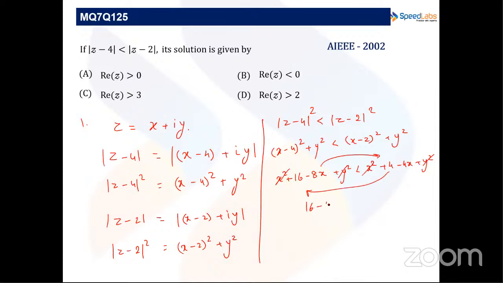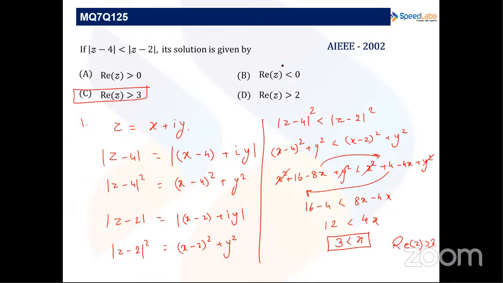We will be getting 16 minus 4 less than 8x minus 4x, so 12 less than 4x. So x will be greater than 3. So we can see that the real part of z will be greater than 3. So the correct option is answer C.